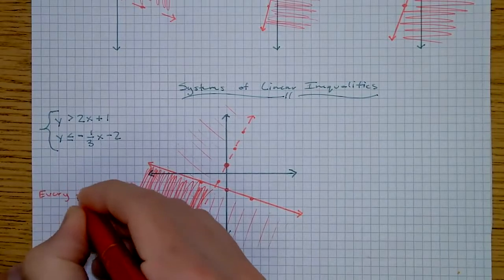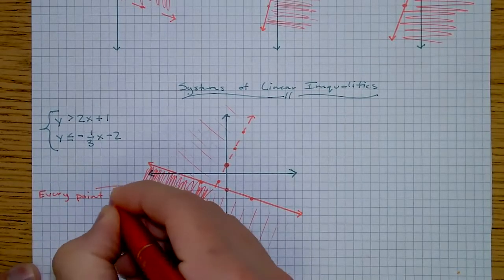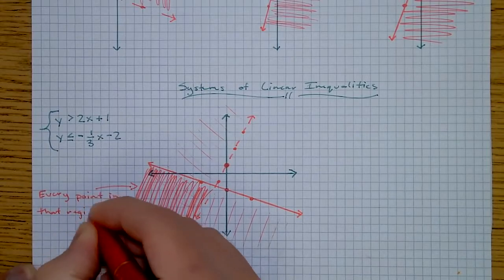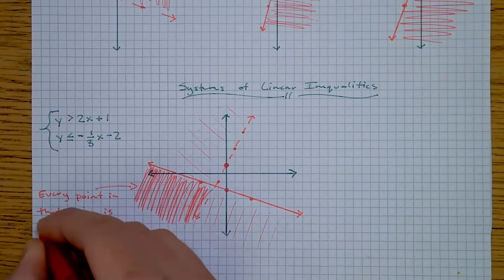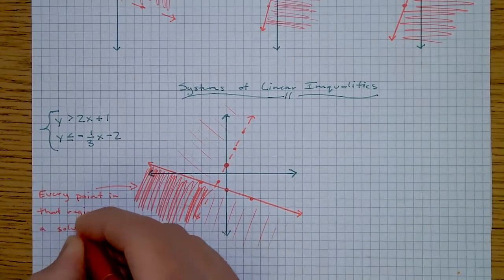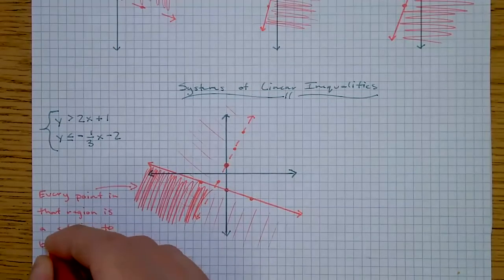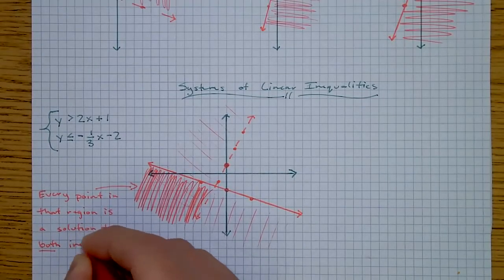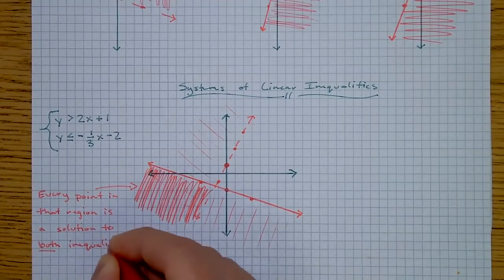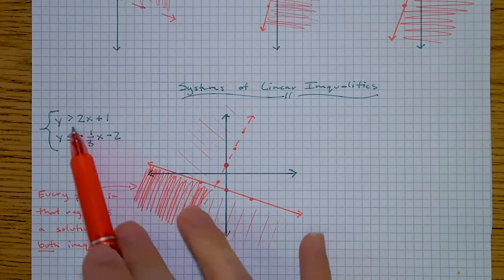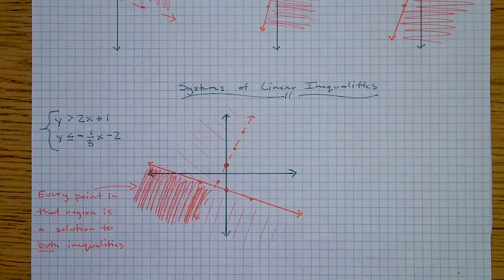So every point in that region is a solution to both inequalities. That's really what we're looking for: points that will make both of these inequalities true.